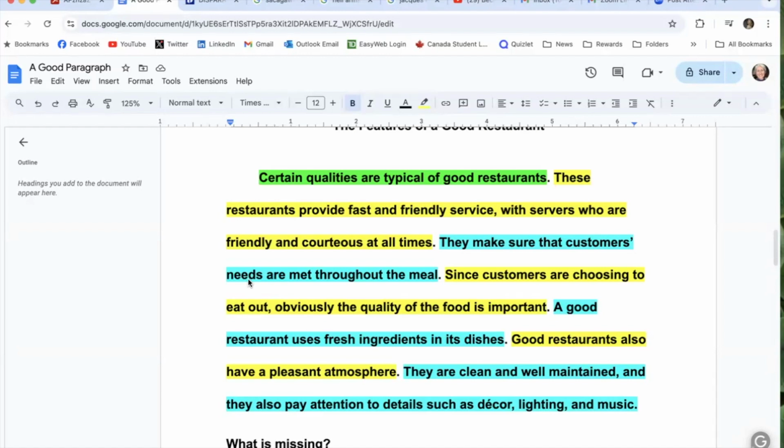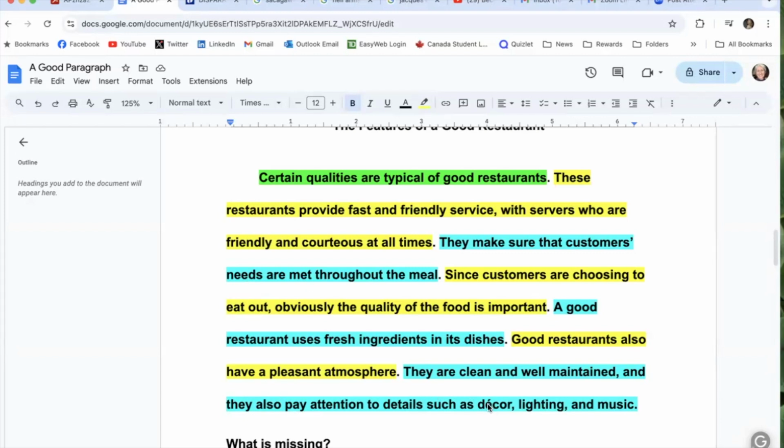What are the paintings like on the wall? What are the tables like, the chairs like? Are there candles on the table? Tablecloths? It's the overall look of the inside of the restaurant. That's decor. And it's basically how is the restaurant decorated?